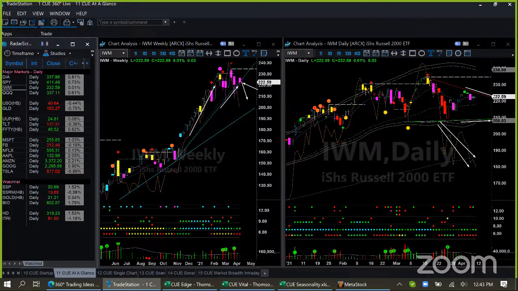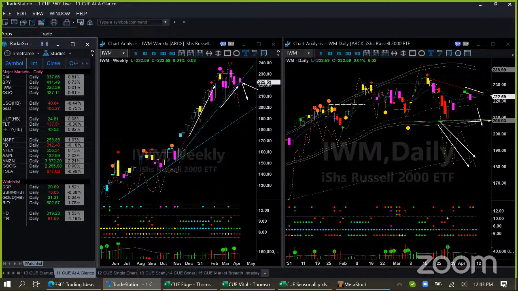Unless that support is broken, and probably we'll also need the daily trend line support to be broken, it may not be appropriate to take a short trade in IWM, because the other market ETFs, especially SPY, DIA, and to a large extent QQQ, are quite strong.